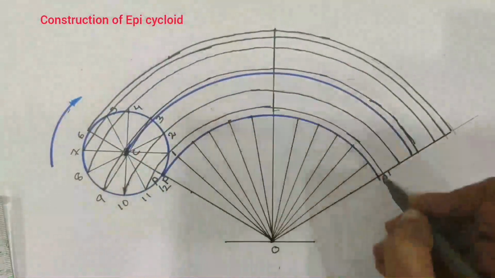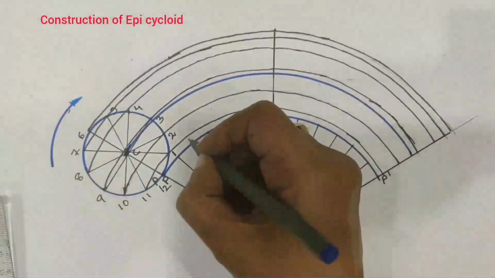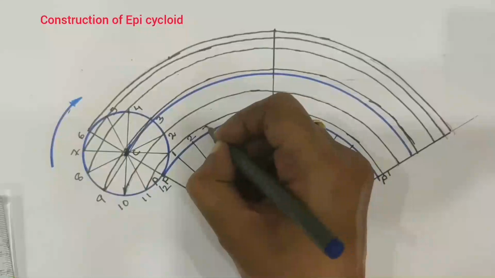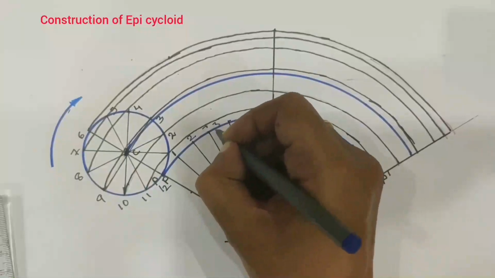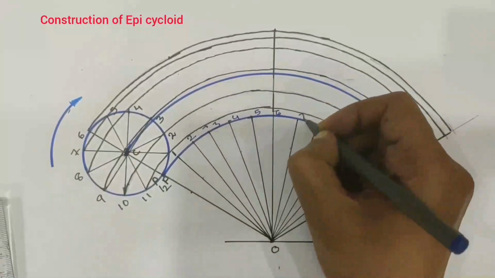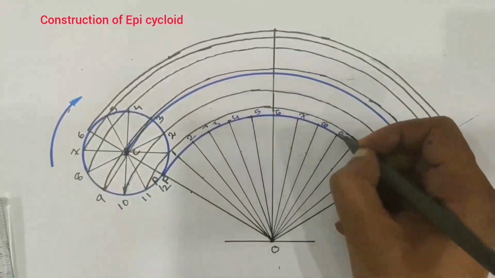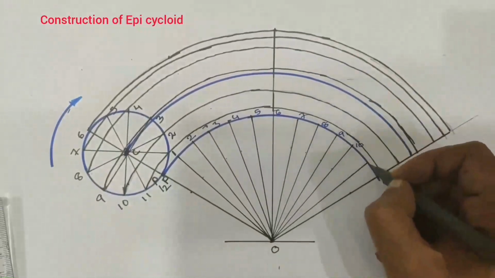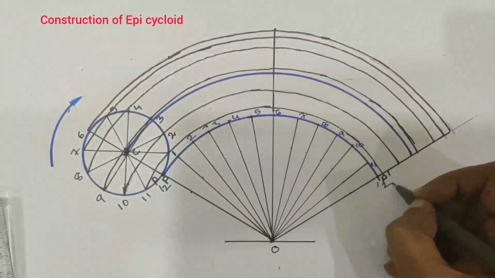Give numbers on this directing arc, say 1, 2, 3, 4, 5, 6, 7, 8, 9, 10, 11, 12.